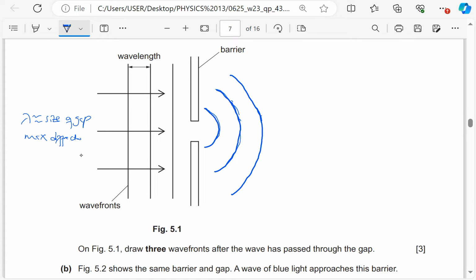So I have drawn three. Because there are three wavefronts, I've drawn three of them. And the curvature here is supposed to be maximum because diffraction is maximum here.